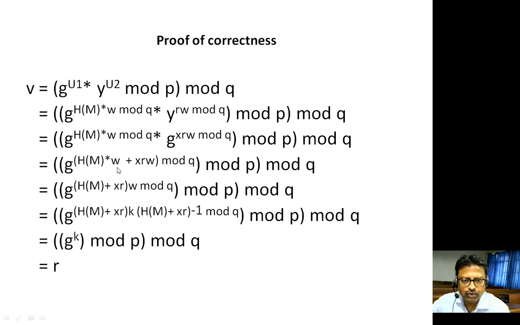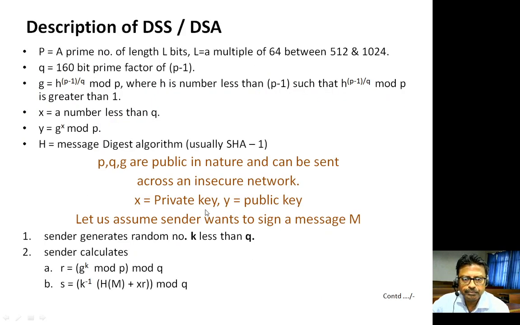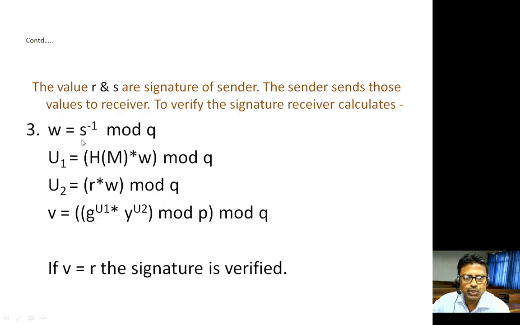Now we take w common out of this, so it will become (hm plus xr) w, since w is common. Now let us see what is the value of w, and we'll replace the value of w over here. w is s inverse mod q.